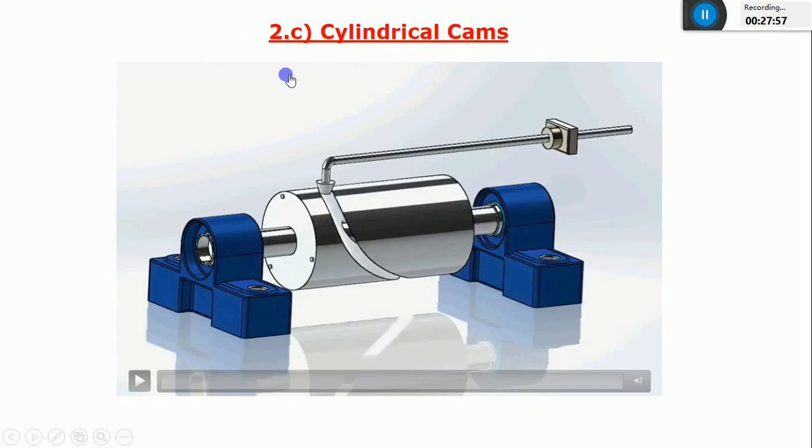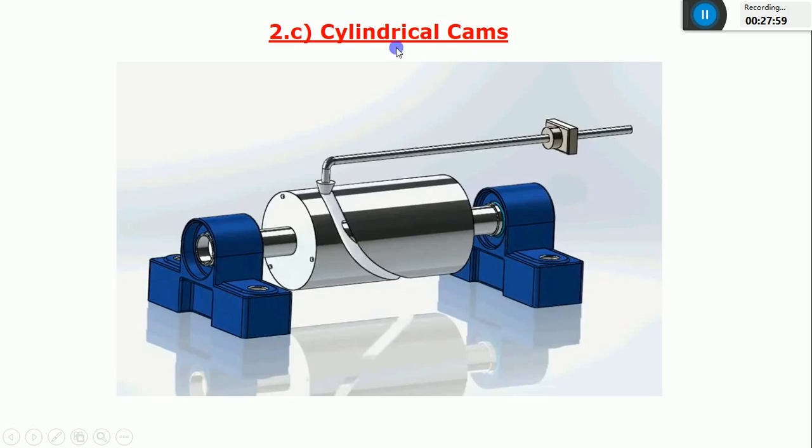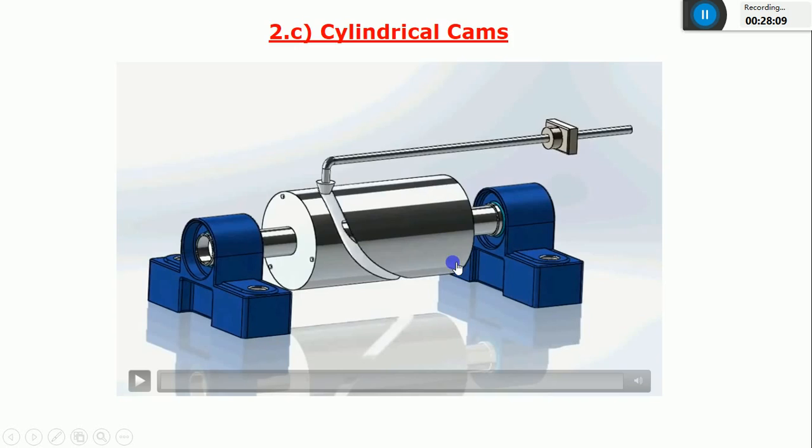The next one is a cylindrical cam. As the name suggests, the shape of the cam is in the form of a cylinder. You can take this one. This is a cylindrical cam, and it has one groove around its periphery, and in that groove a follower is attached. You can see the animation.